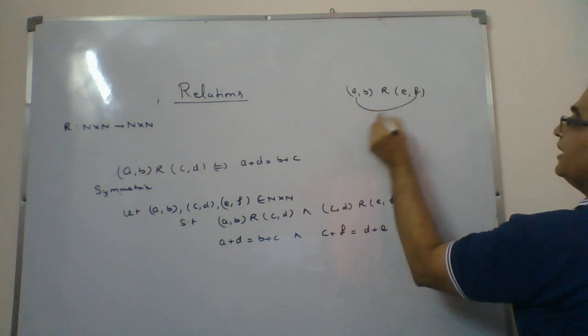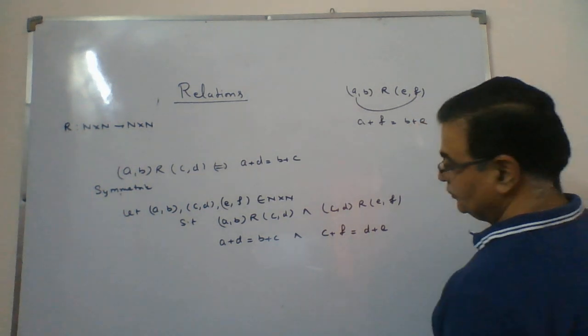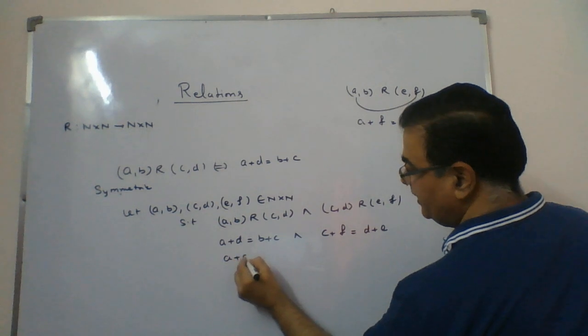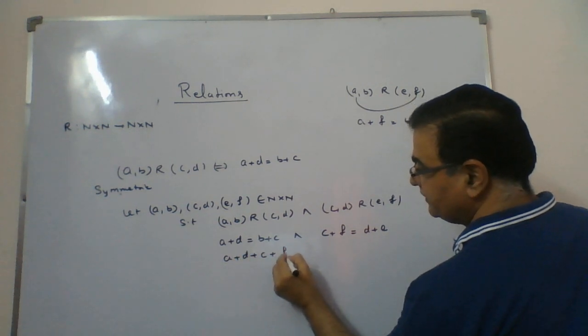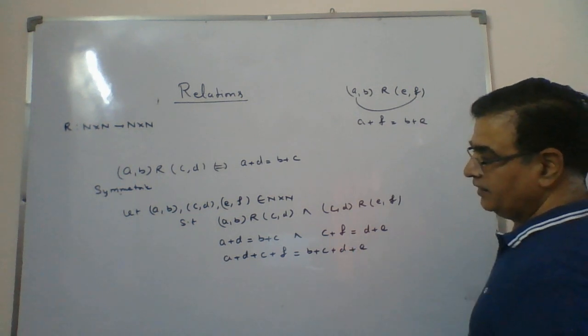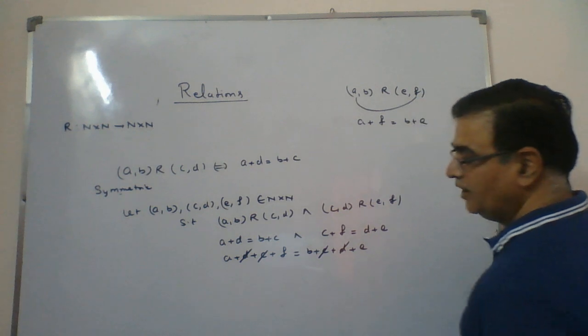That means I want A plus F should be B plus E. So add them: A plus D plus C plus F is B plus C plus D plus E. Then D and D get cancelled out, C and C get cancelled out.